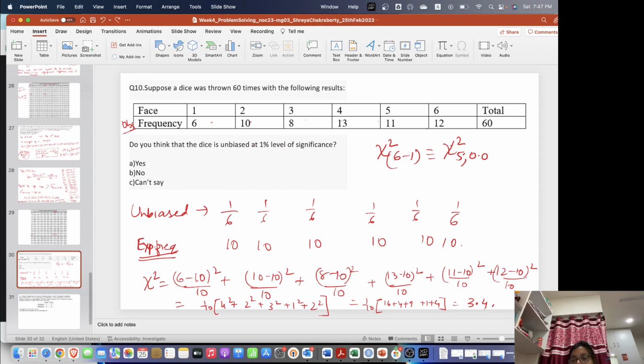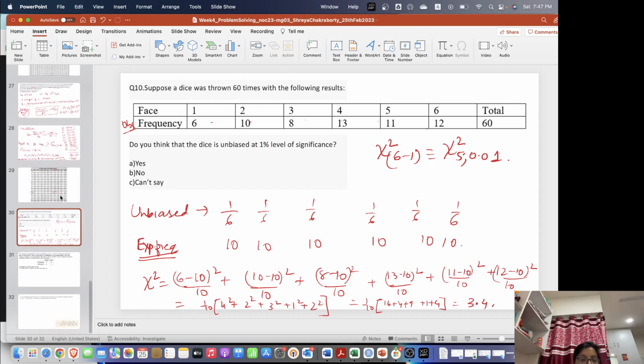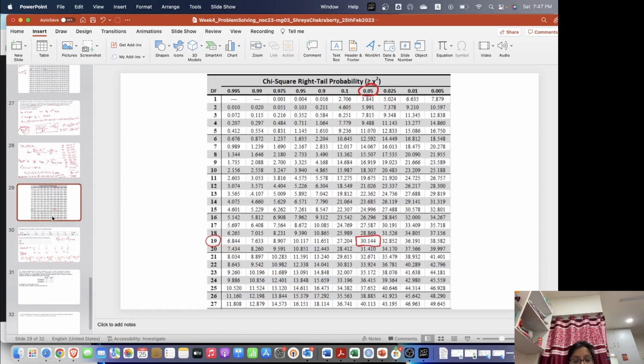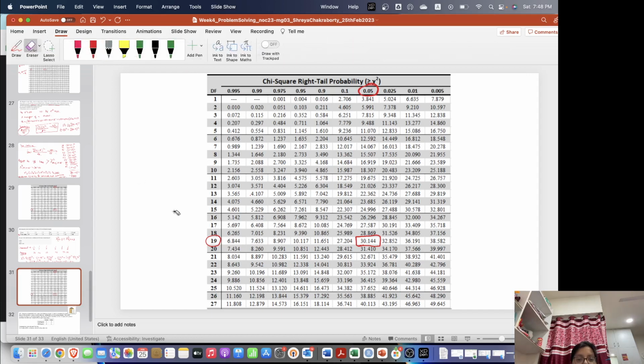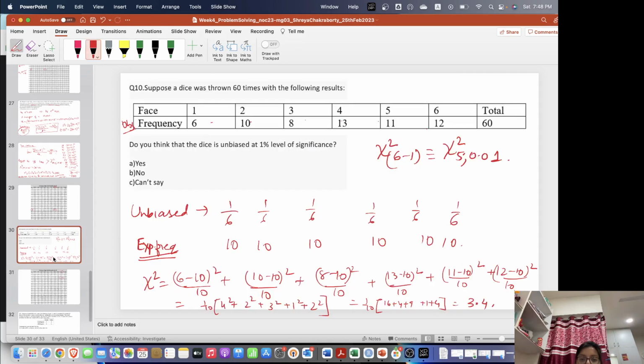So then we'll calculate chi-square 0.01 will be this column, and 5 degrees of freedom, that is 15.086.